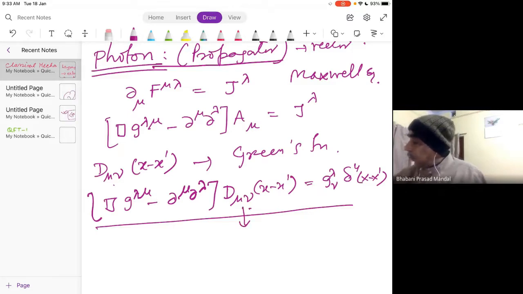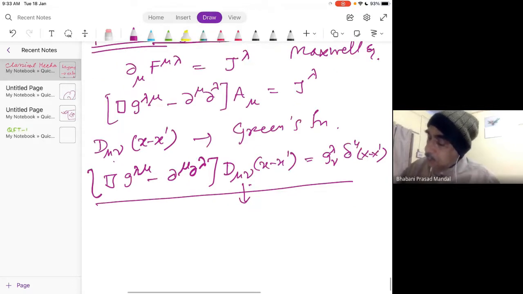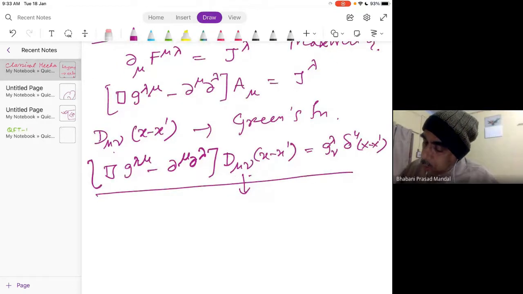Okay. Now we'll try to calculate the propagator in the momentum space. So I'll take a Fourier transform and define this propagator in the momentum space.